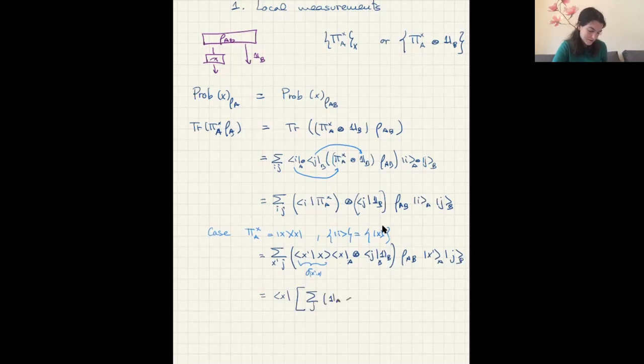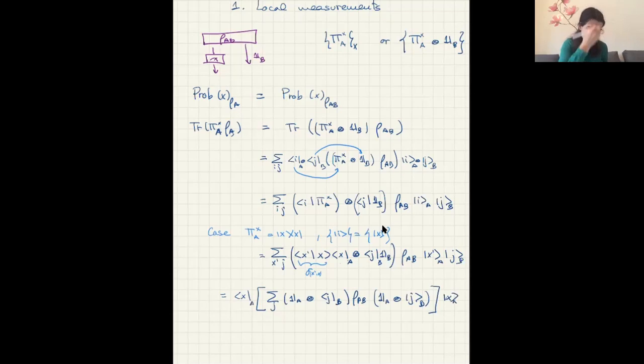It's going to be identity on A times, well, just J here on B, rho AB, x on A times J on B. But this x on A times J on B, we can pull it out and just say this is the same as having an identity on A here, and then having this whole thing multiplied by x on A.